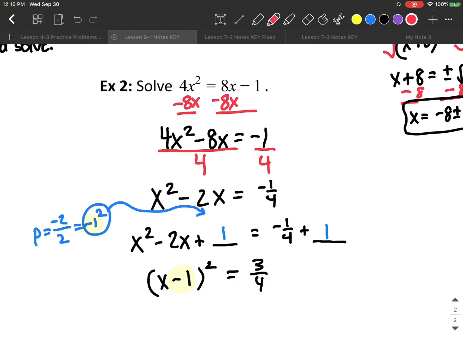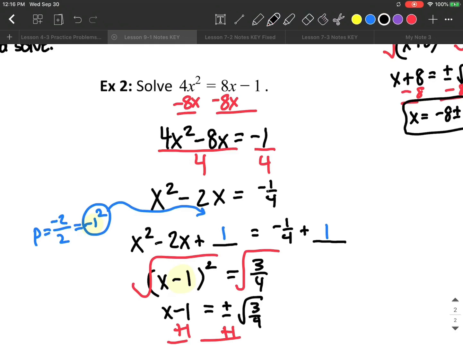I take the square root of the left-hand side to get that x minus 1 by itself. Do that to the right as well, so x minus 1 is equal to plus or minus the square root of 3/4. I'm going to add 1 to both sides, and I finish with x is equal to 1 plus or minus the square root of 3/4.